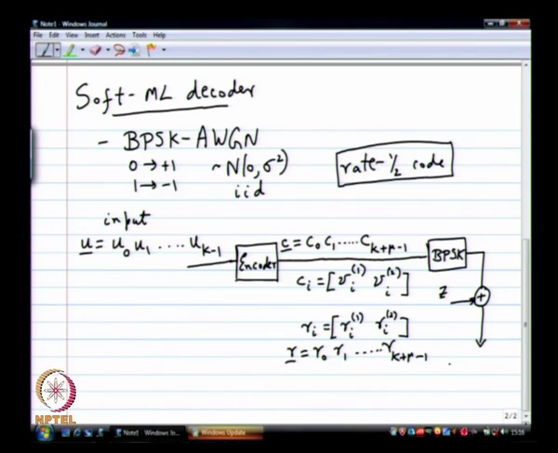Then I think we'll stop there. That's enough notation. So this is the setup. Given this vector R, I have to now do a decoding.